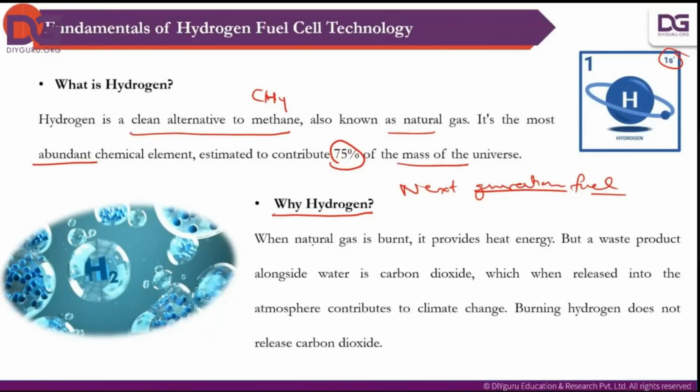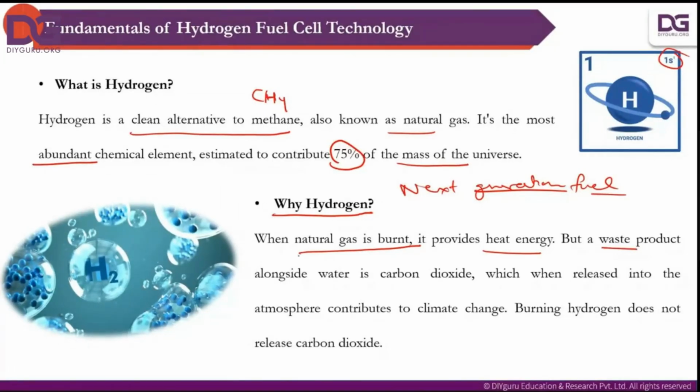The reason why only hydrogen: when any other hydrocarbon or natural gas is burnt, that is, when we do the combustion, it provides heat energy. And for movement we need some kind of energy to propel our vehicle, to propel any system, to convert this energy into another form to utilize in different applications. But the thing is the waste after combustion.